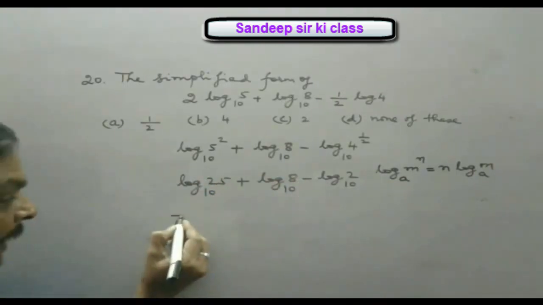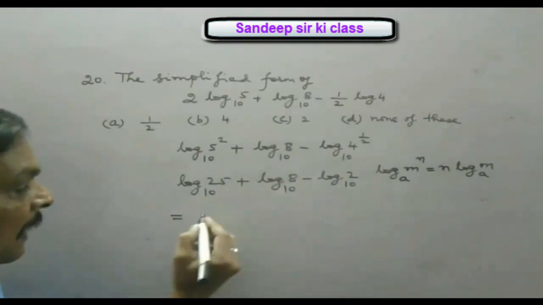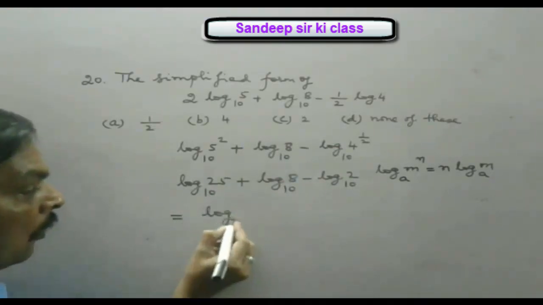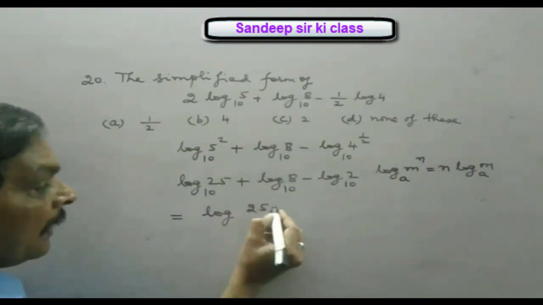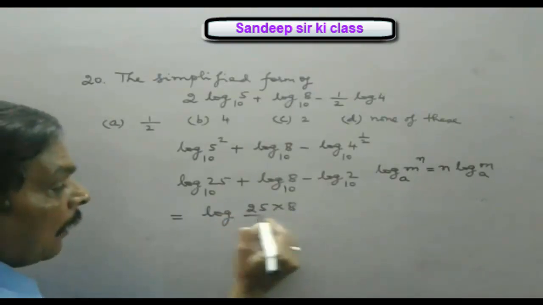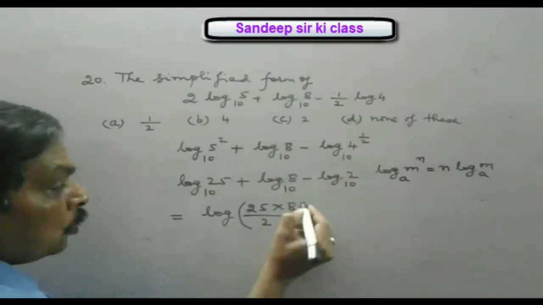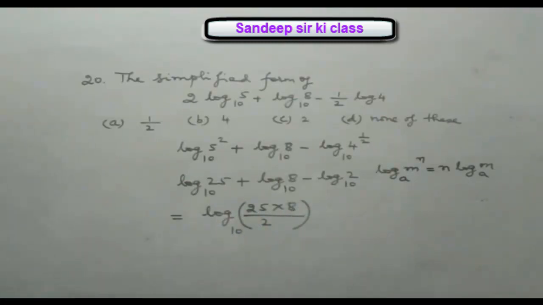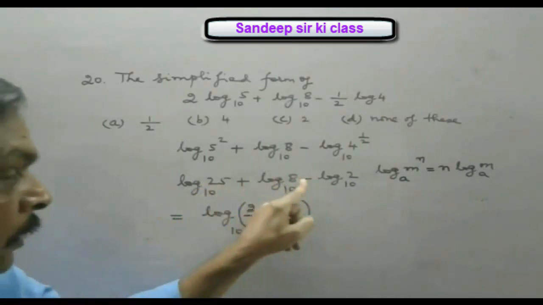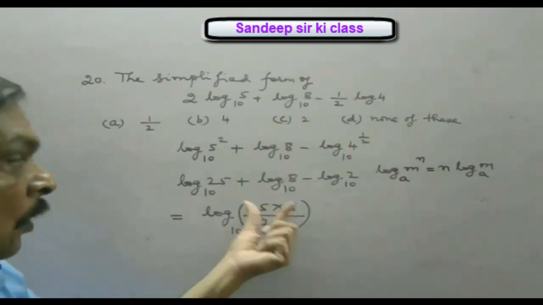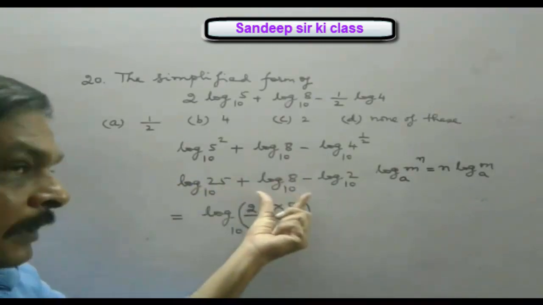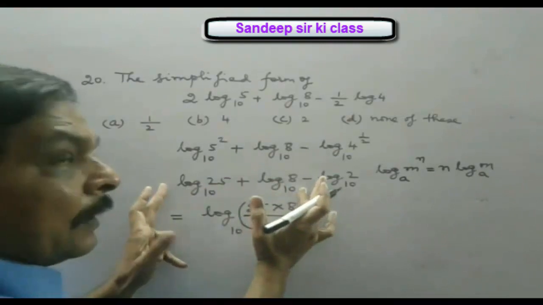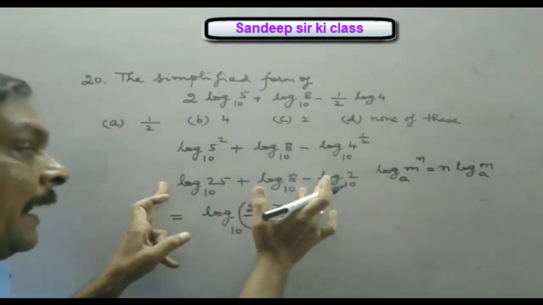So combining these 3, I can write log of 25 into 8 upon 2 to the base 10. 25 into 8, because the first two terms are of the form log m plus log n.